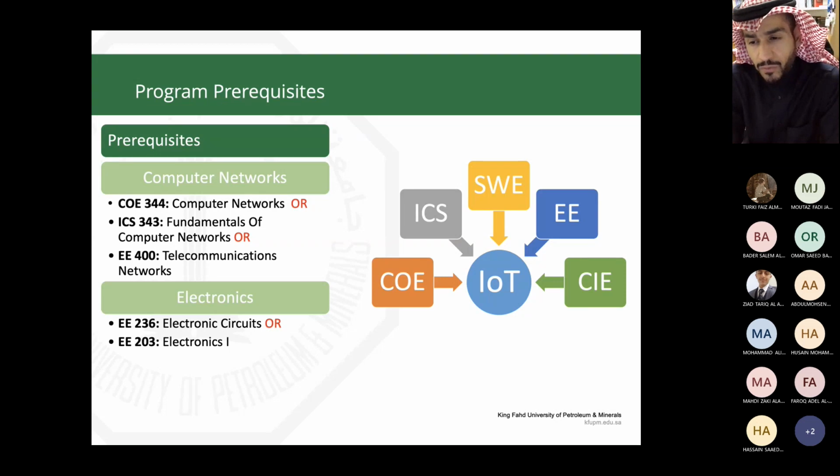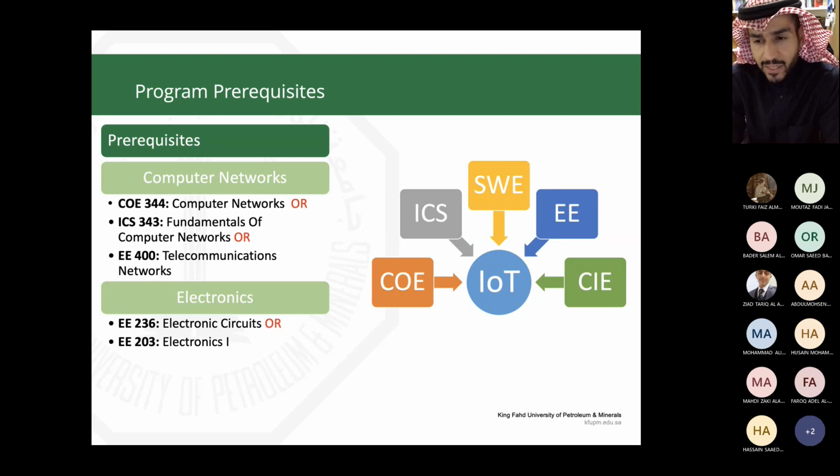Now, because of the background that's needed, usually the students in electrical engineering and CISE both need to have knowledge of computer networks. And none of the programs that we have here at KFUPM cover that in their core courses.